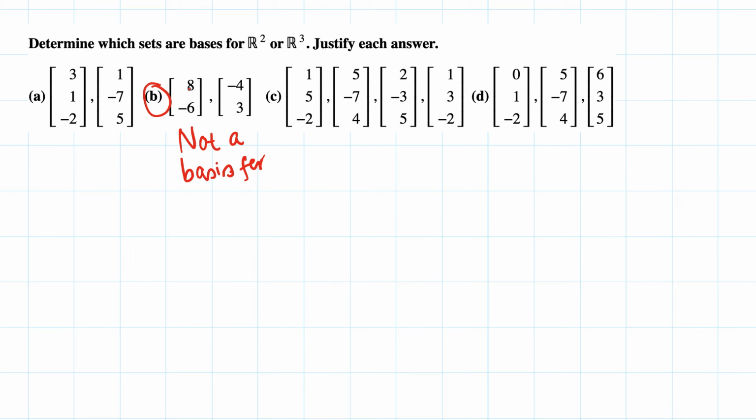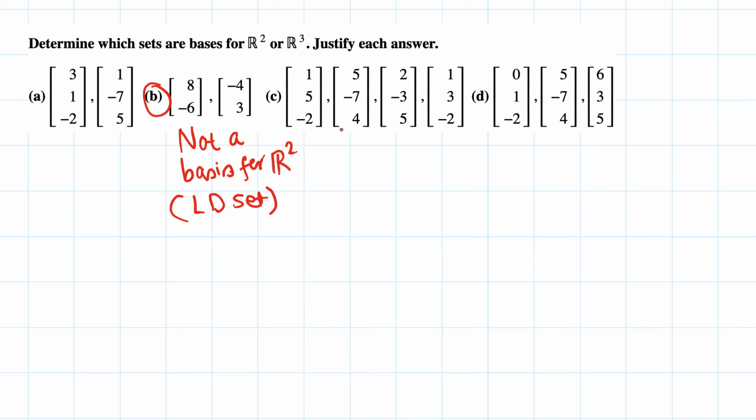for R2, because the vectors are linearly dependent. When we have only two vectors, if one of them is a constant multiple of the other, then it is a linearly dependent set. It is clear.